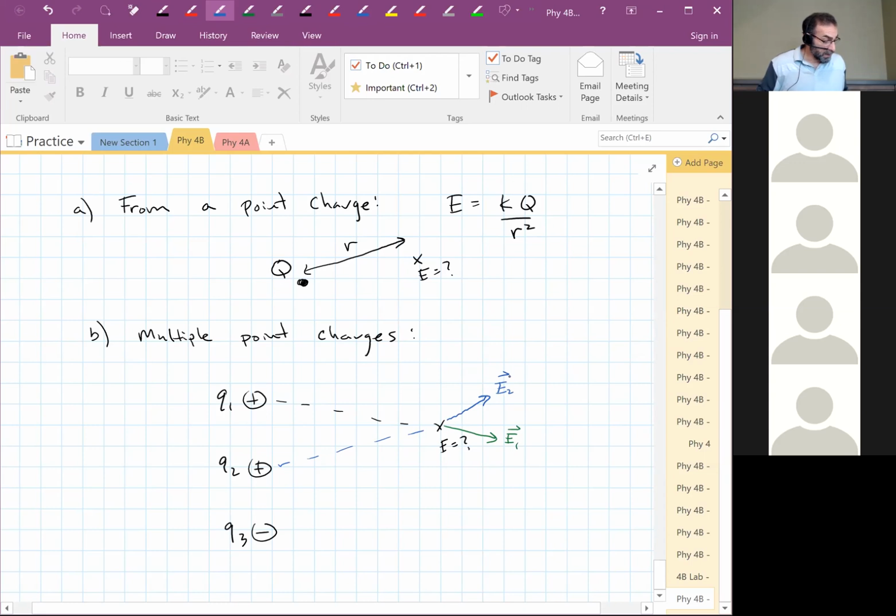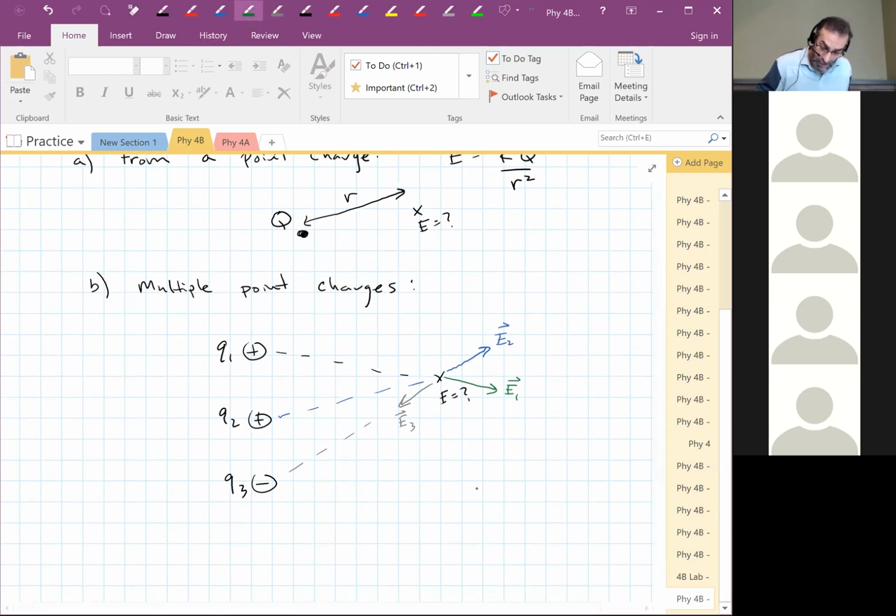And then Q3 points toward Q3, so it's going to be something like that. And then we do the vector addition. We add them up. We've got E1, we've got E2, and we've got E3.